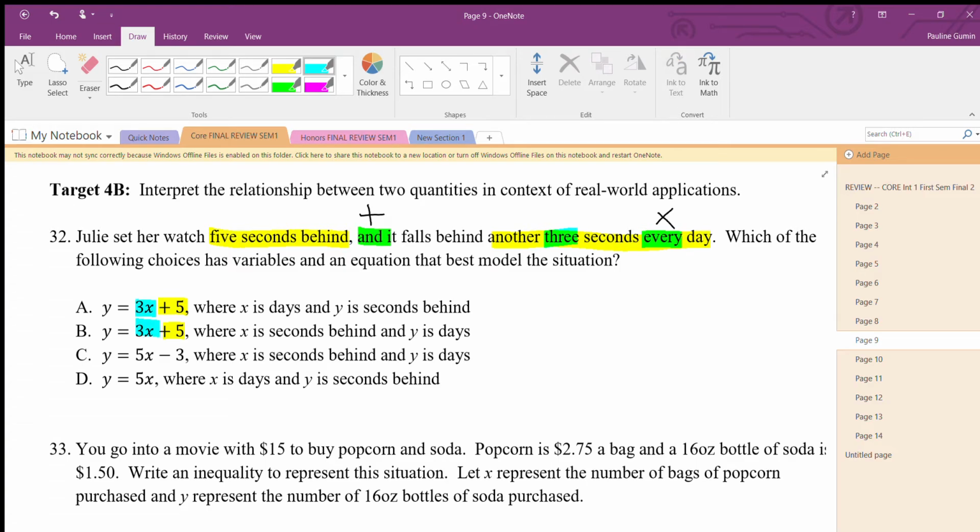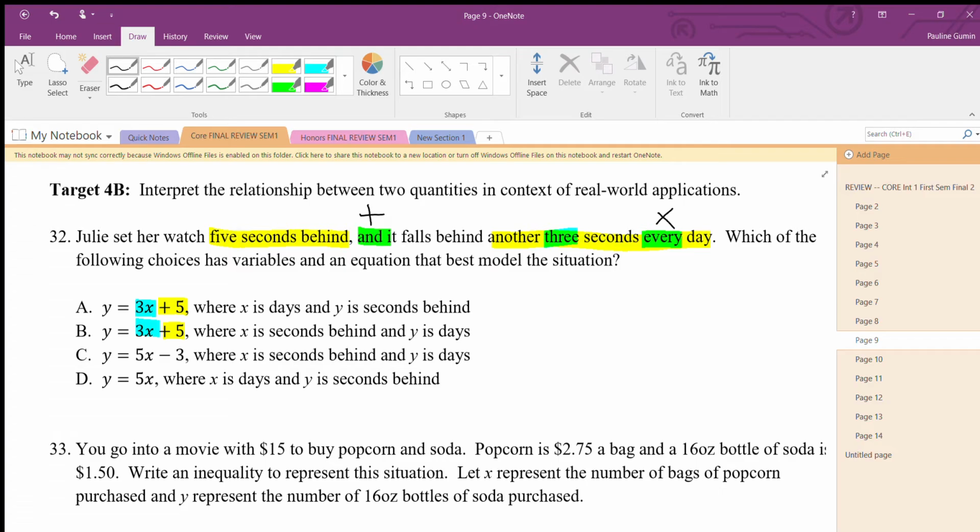Okay. So what are we looking at when we look at 5 seconds that Julie's watch is set behind and another 3 seconds depending on how many days have passed, right? So we're calculating here the total number of seconds that Julie's watch has fallen behind. So total is the result of addition.